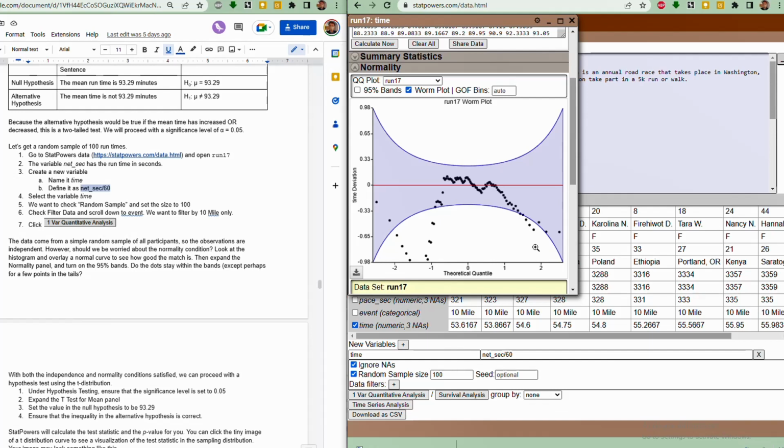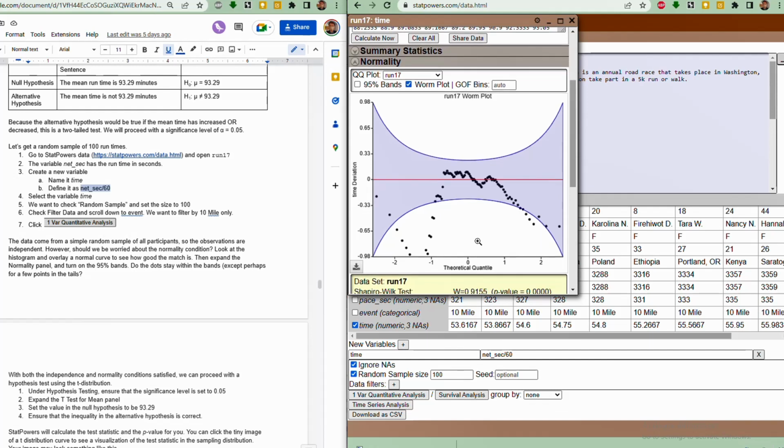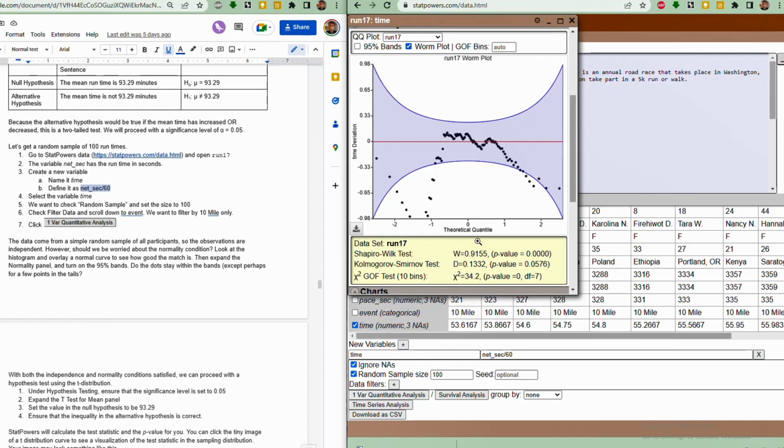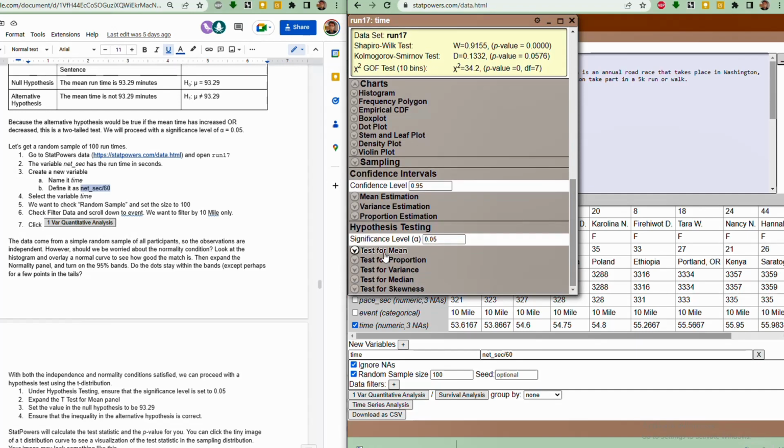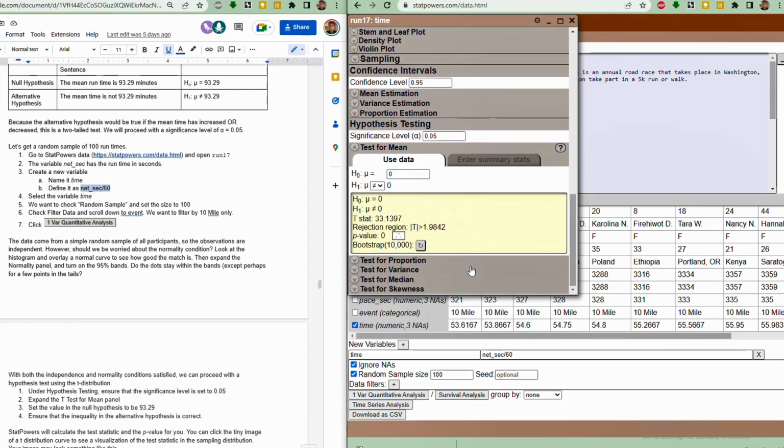So with a sample size of 100, which is what we have here, we can kind of ignore the normality assumption and continue with a t-test, even though we have evidence of non-normality in the population. So let's do a t-test.